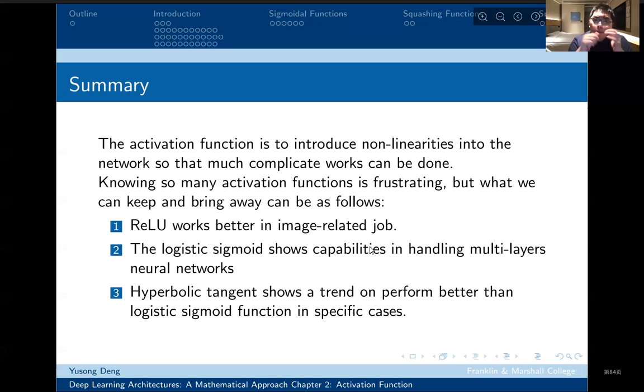And the third thing is that the hyperbolic tangent shows a trend of performing better than the logistic sigmoid function in specific cases. As you can see, I mentioned specific cases so many times in today's video. That is a little bit inevitable, because just by talking about theory, I cannot tell you in which case each should be used, because the analysis of the neural network's processing is really hard, and there are still lots of things left to be studied.